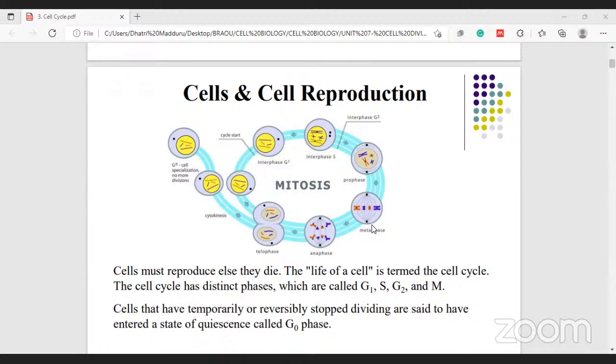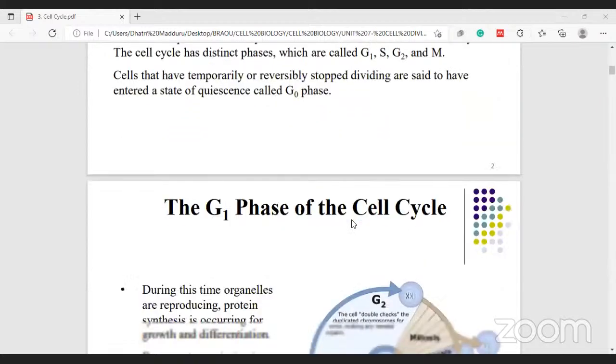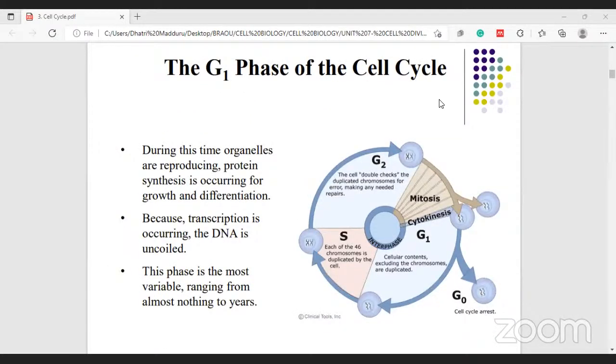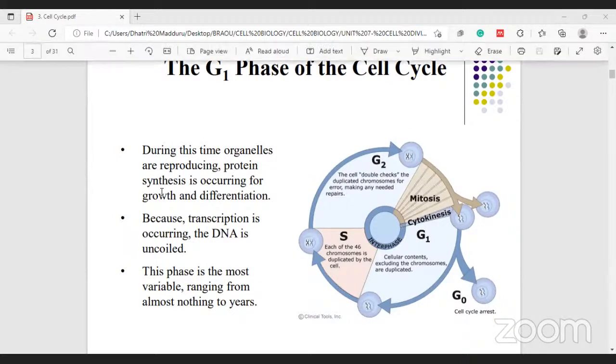The division can be stopped when they enter a stage called the G0 phase or quiescent phase. First we discuss the G1 phase. During this time, organelles are reproducing and protein synthesis takes place, which is required for growth and differentiation. So this is the G1.